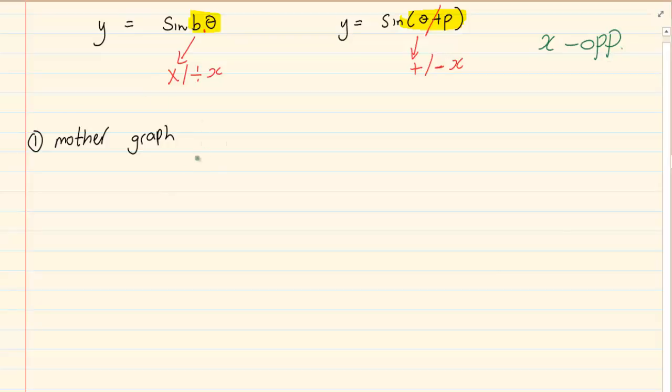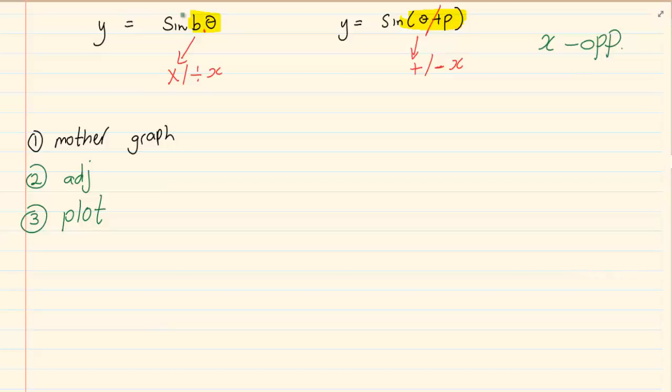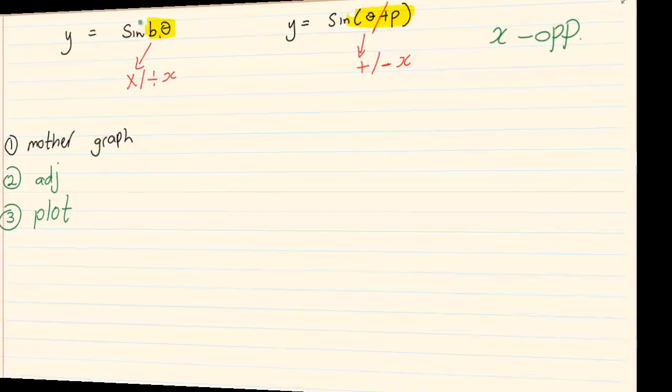Right, what we did was we worked with the mother graph, then we did the required adjustments, and you plot. Now let us try one where we have a b theta, but I'm not going to do a sine, I'm going to do a tan because the methods are all the same. All that changes is the mother graph. If you remember your mother graph, then you would be fine.